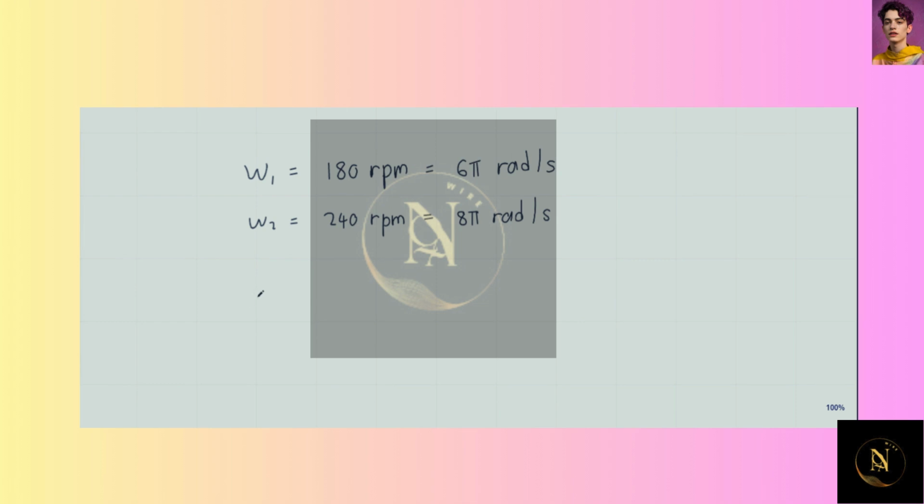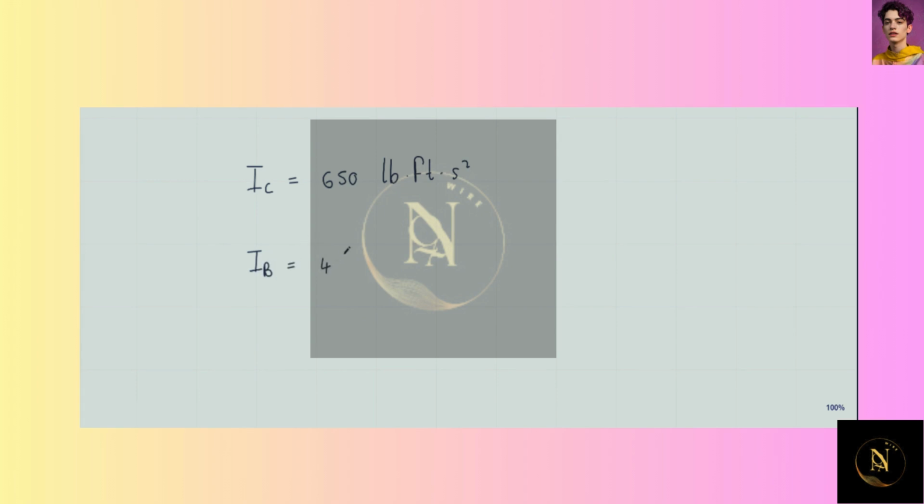Now we also know that the mass moment of inertia of the cab, IC, is given as 650 pound foot second squared. And the moment of inertia for the blades, IB, since these are thin flat rods, is equal to 4 times 1/3 times the mass times L squared.